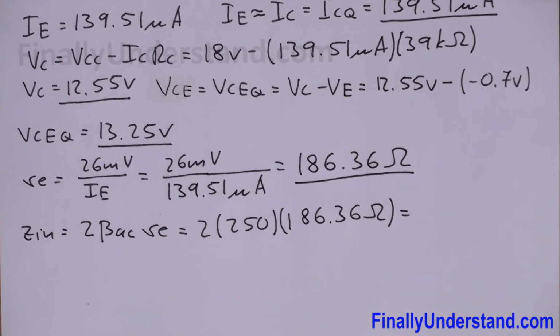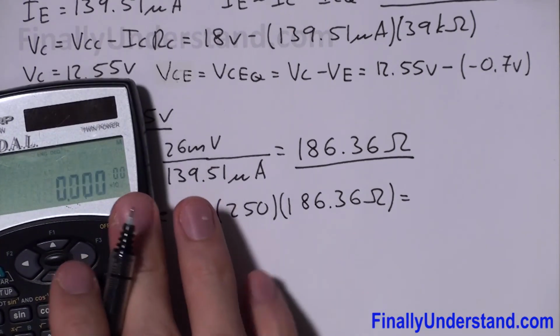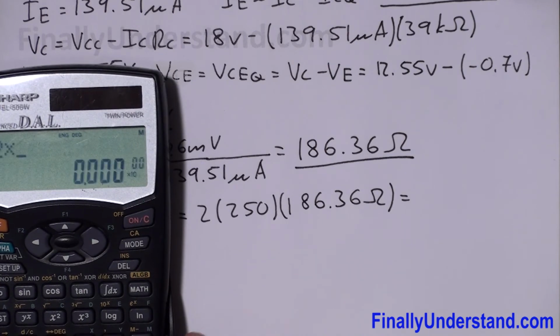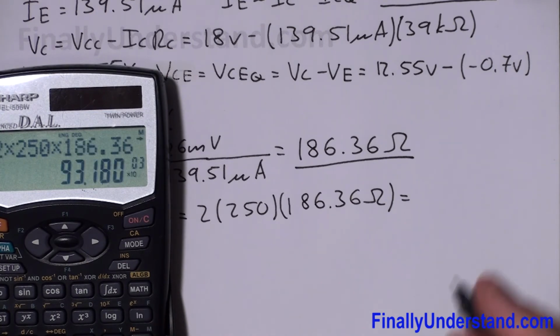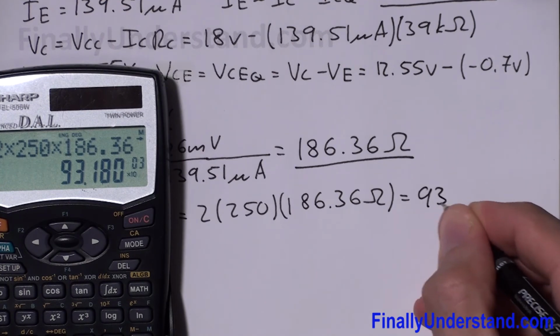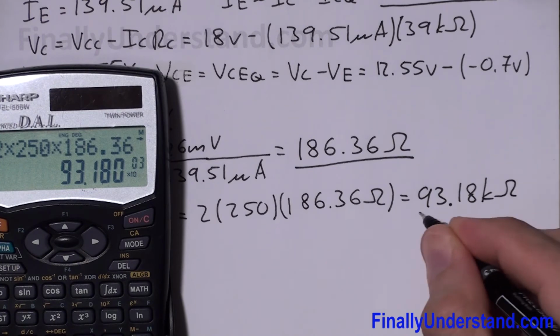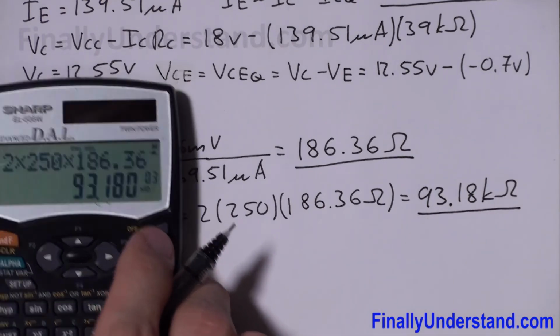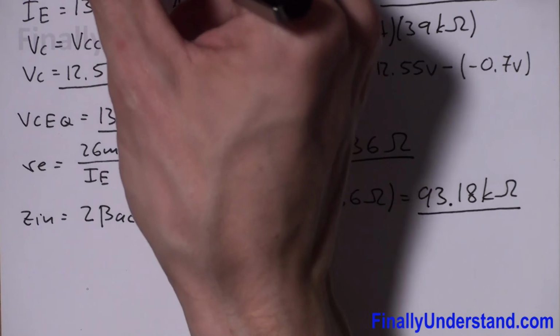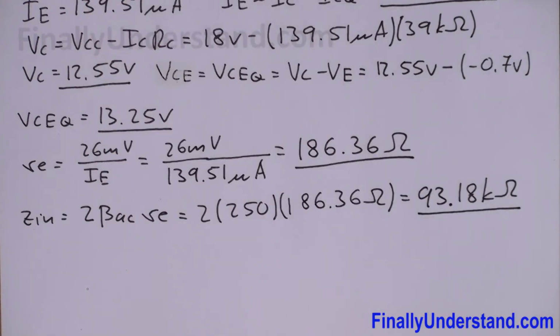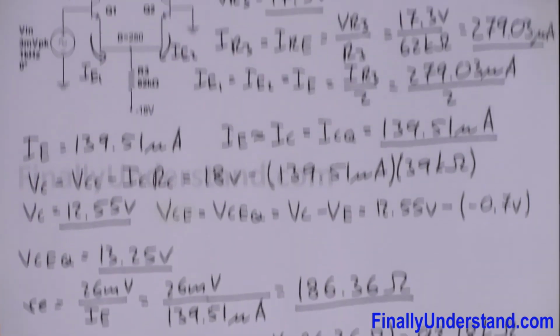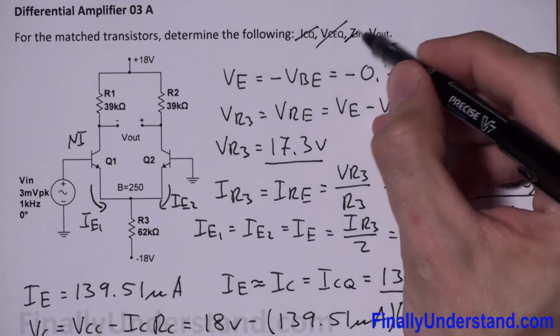I'm going to use the calculator. So I have 2 times 250 times 186.36. This is equal to 93.18 kiloohms. So this is the input impedance at my non-inverting input.